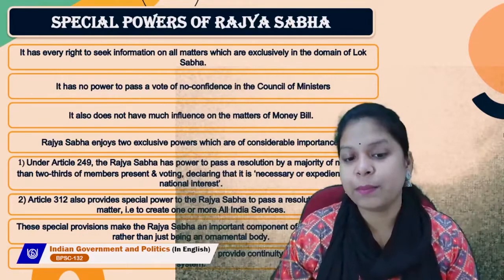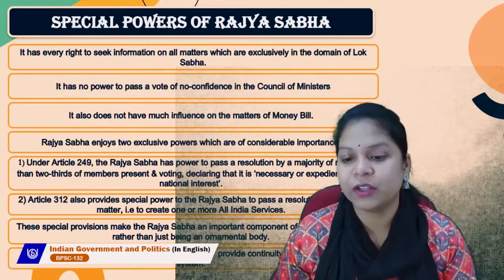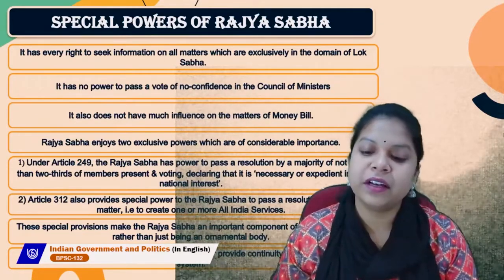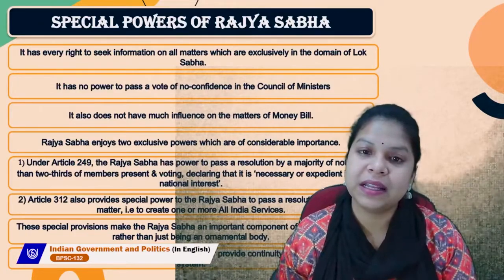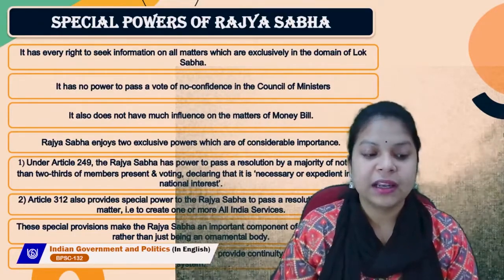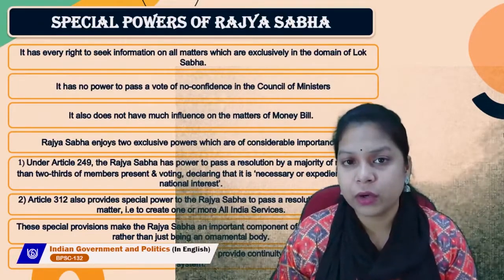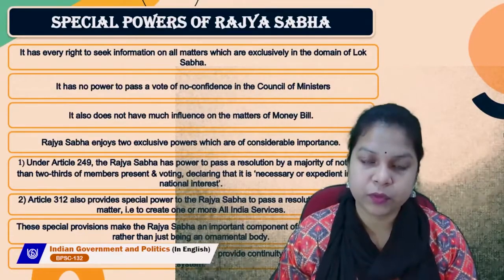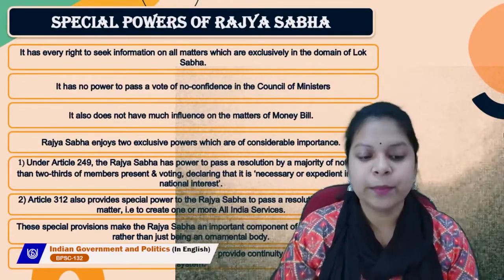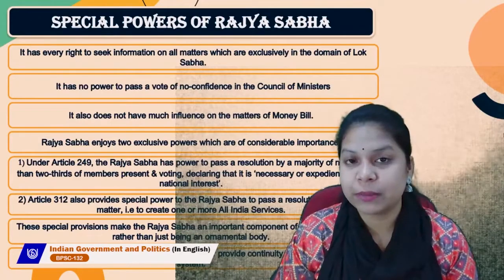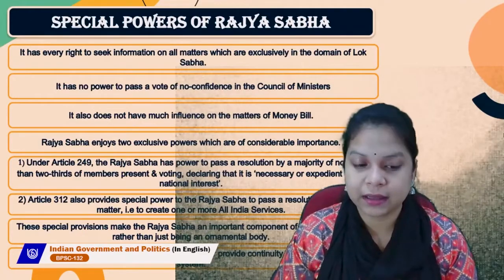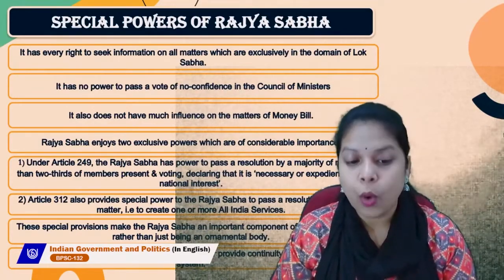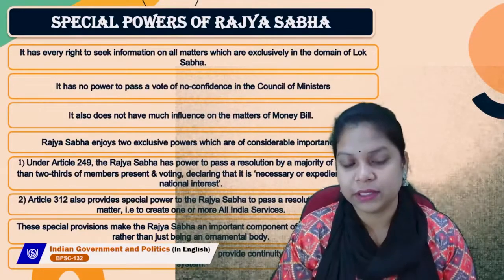Let's talk about Article 312, the second exclusive power which belongs to Rajya Sabha. It provides special power to the Rajya Sabha to pass a resolution on another matter, that is to create one or more All India services.